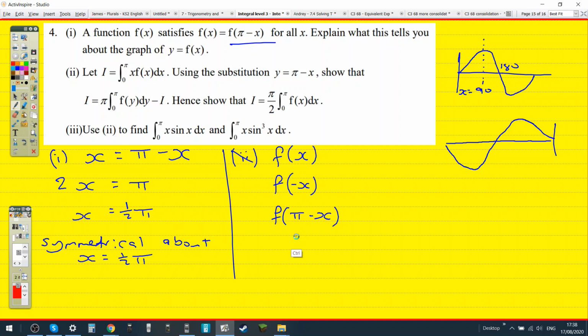Is that the y one? The y translation? I have no idea. You're correct. Okay, so that's a translation by the vector minus pi, 0. So that would move the graph like that.